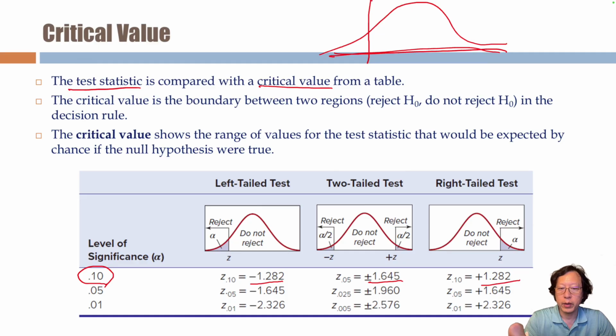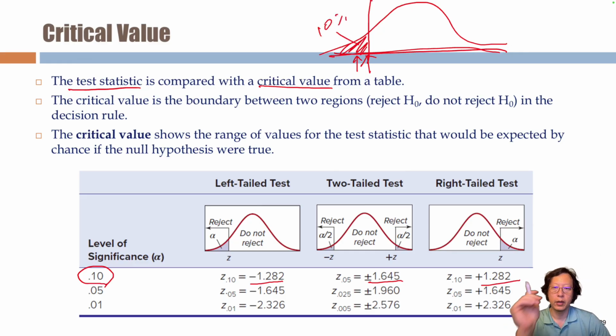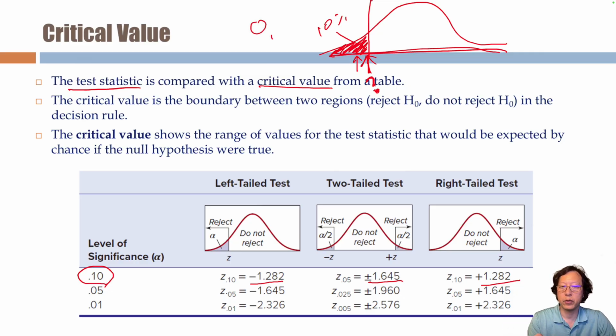What is the probability I can get a value smaller than this point? It's 10%. What will be this point? I just consider the 10% as the critical point. What is the chance I can get a number which is smaller than a certain point? It will be 10%, so the left-hand side is 0.1.